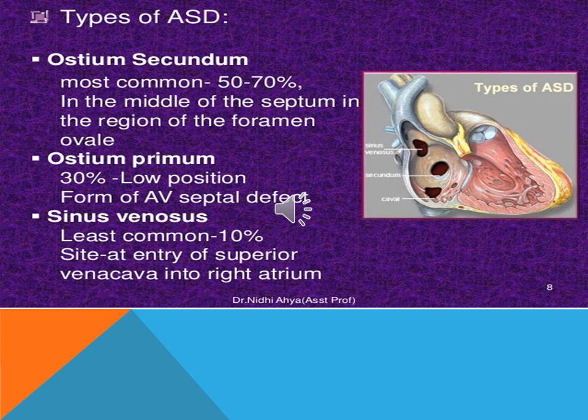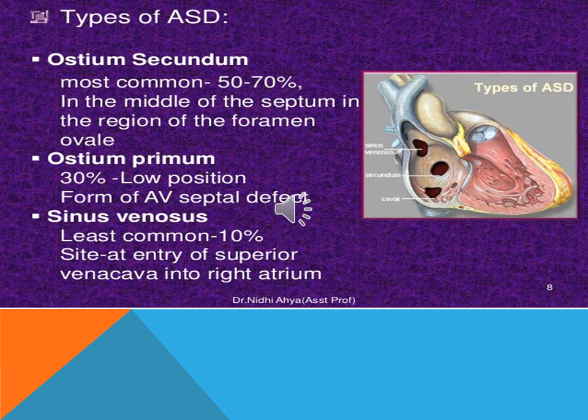Sometimes this ostium secundum will persist, which is present in about 50 to 70% of atrial septal defects. There will be maintenance of this ostium secundum. Another group of babies will have resolution of the ostium primum not occurring completely, and some major part of the ostium primum will persist, leaving an opening of ostium primum in about 30% of cases.